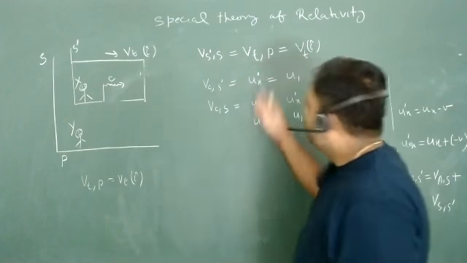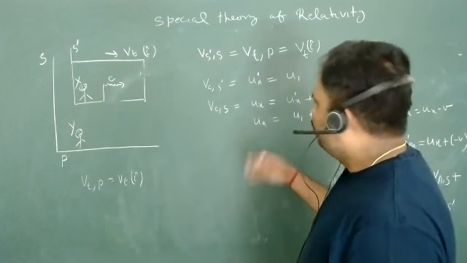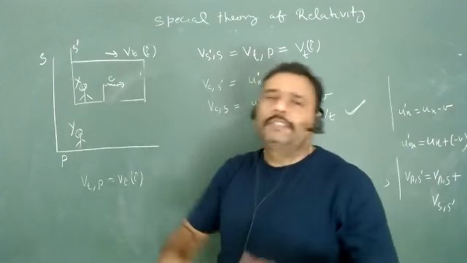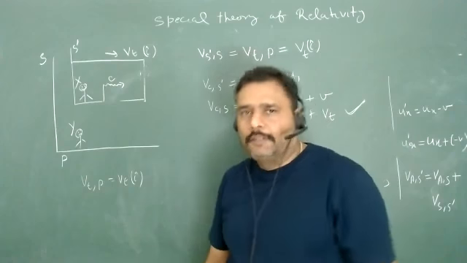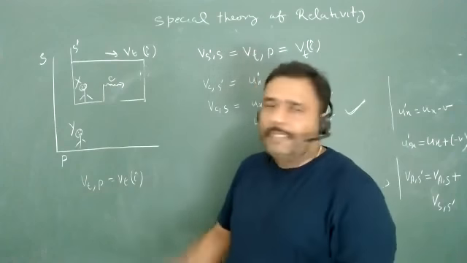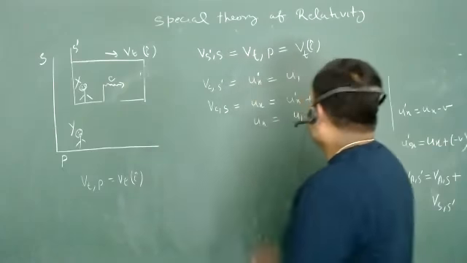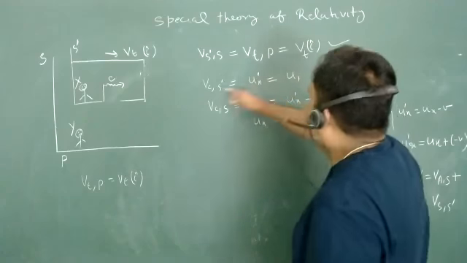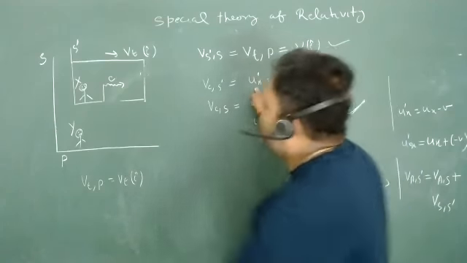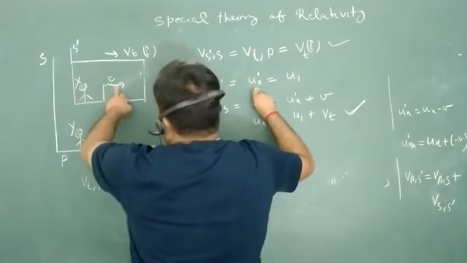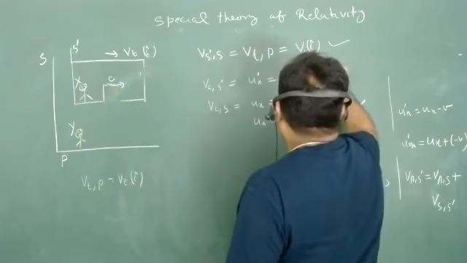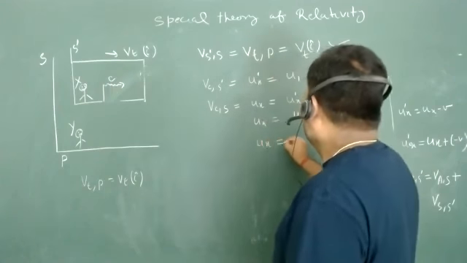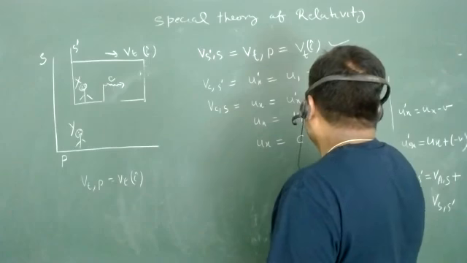The uncle says, okay, I will do the same thing. The uncle knows only the Galilean transformation. He has no information about higher studies or relativistic mechanics. He just applies the Galilean transformation. So what is going to change? Only the speed with respect to x dash is going to change. This speed is c, so he puts u1 equal to c, and now this will be c plus vt.